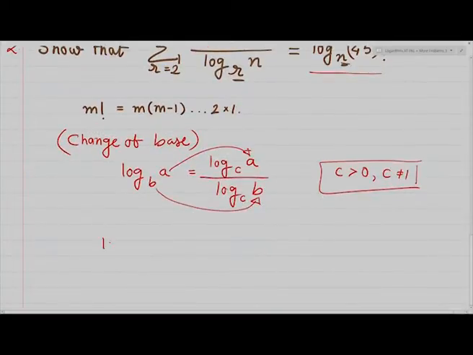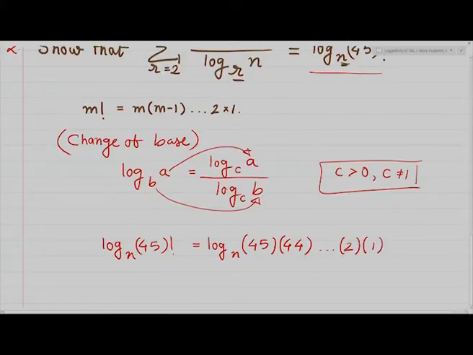So it is log to the base n of 45 factorial. I have explained the notation. So this will be nothing but log to the base n of 45 into 44 and so on into 2 into 1.